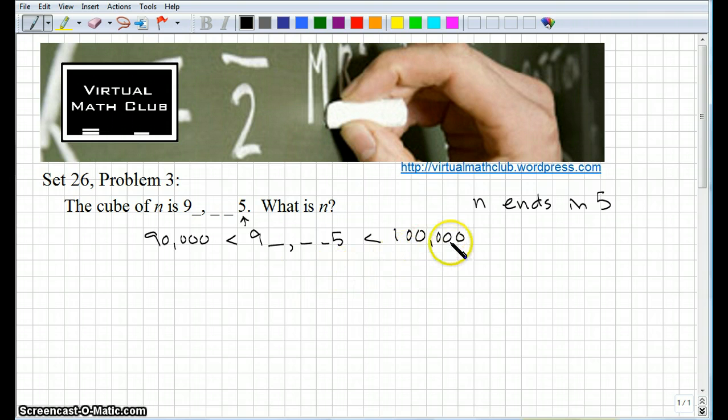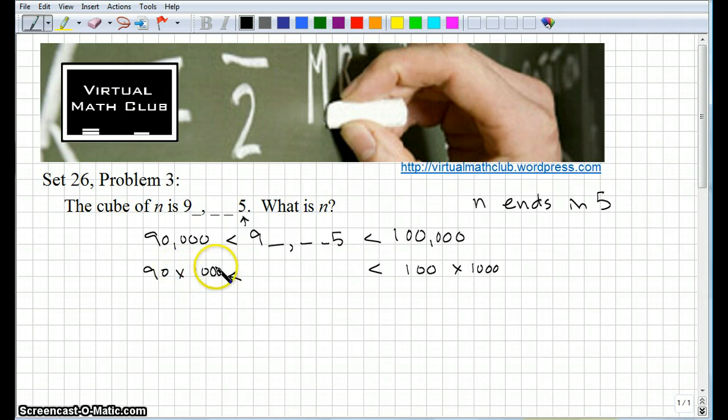Now I could rewrite this in terms of an inequality. I know this is 100 times 1,000, and this is 90 times 1,000.